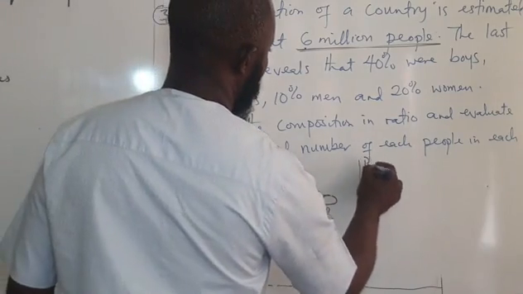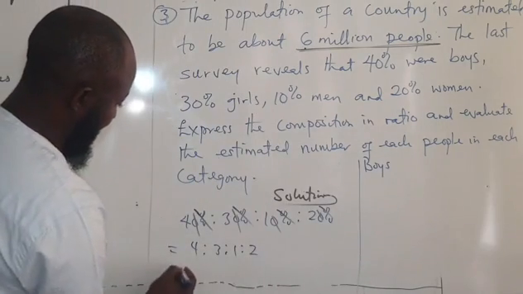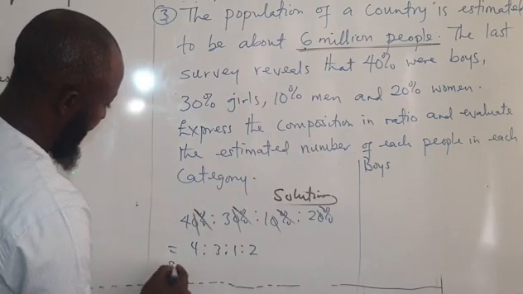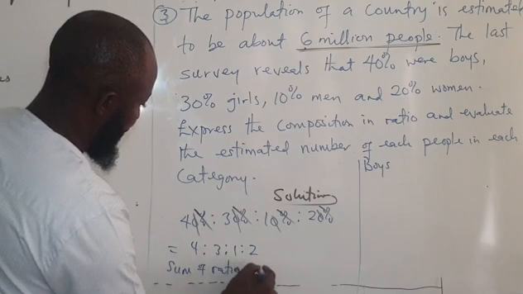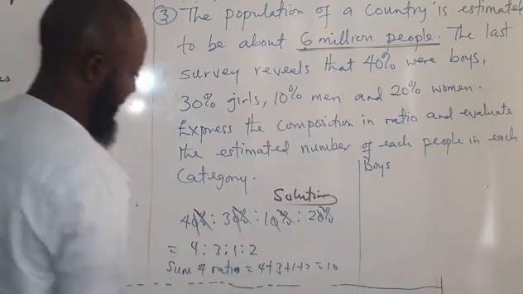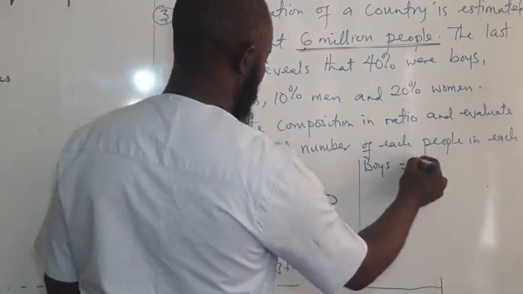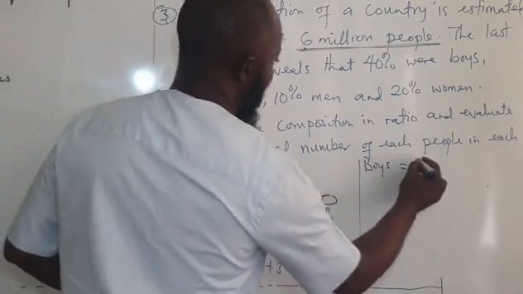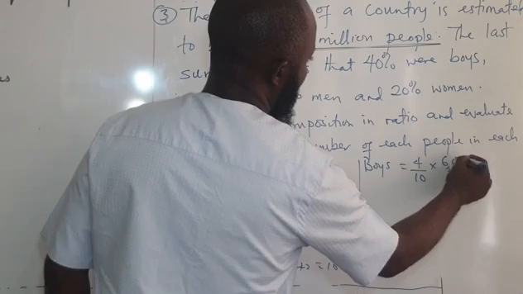So to know the value of each category, we have to do this. Before that, we add the sum of ratio. The sum of ratio here will be what? 4 plus 3 plus 1 plus 2, that gives what? 10, right? So boys will be 4 out of 10 multiplied by 6 million.